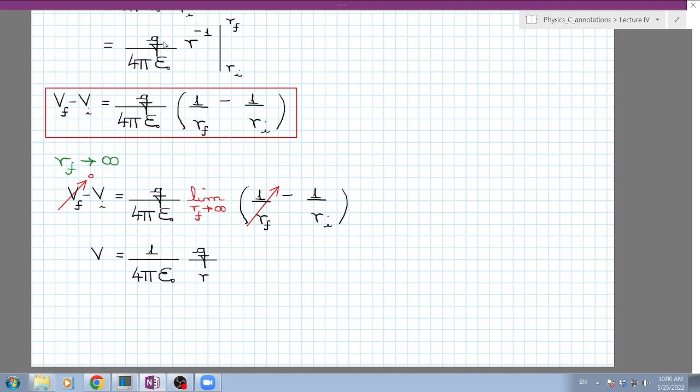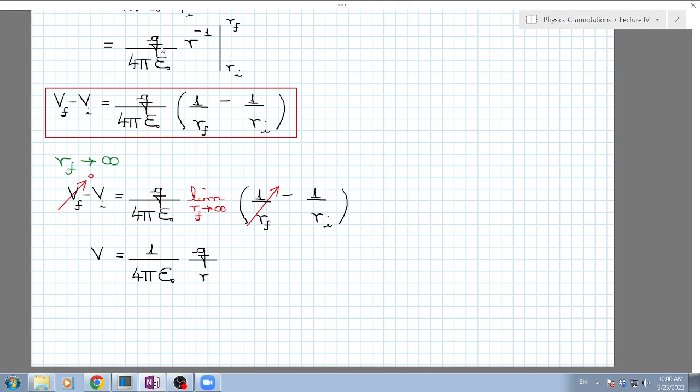Oh, we got an expression for the voltage, for the electric potential. Very good.